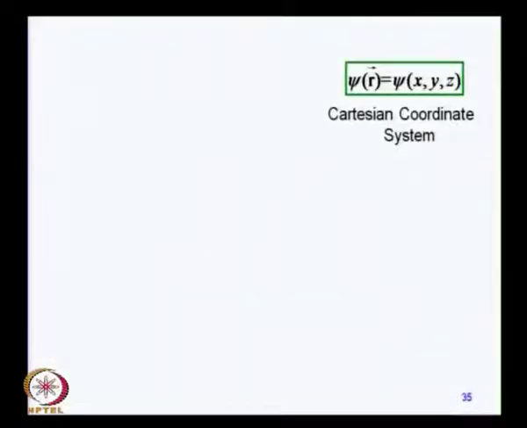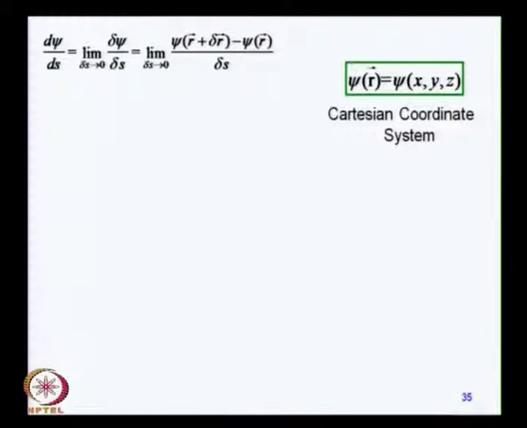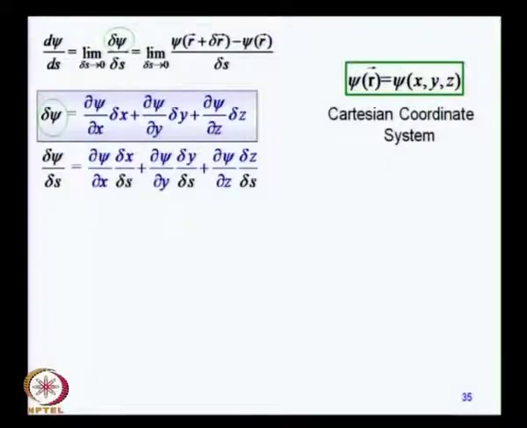So, let us consider the Cartesian coordinate system. This is the most familiar one for most of you, and in this Cartesian coordinate system the change delta psi is del psi by del x times delta x. Similar contribution from the y and z dependence of psi on y and z, because psi depends not only on x but also on y and z.